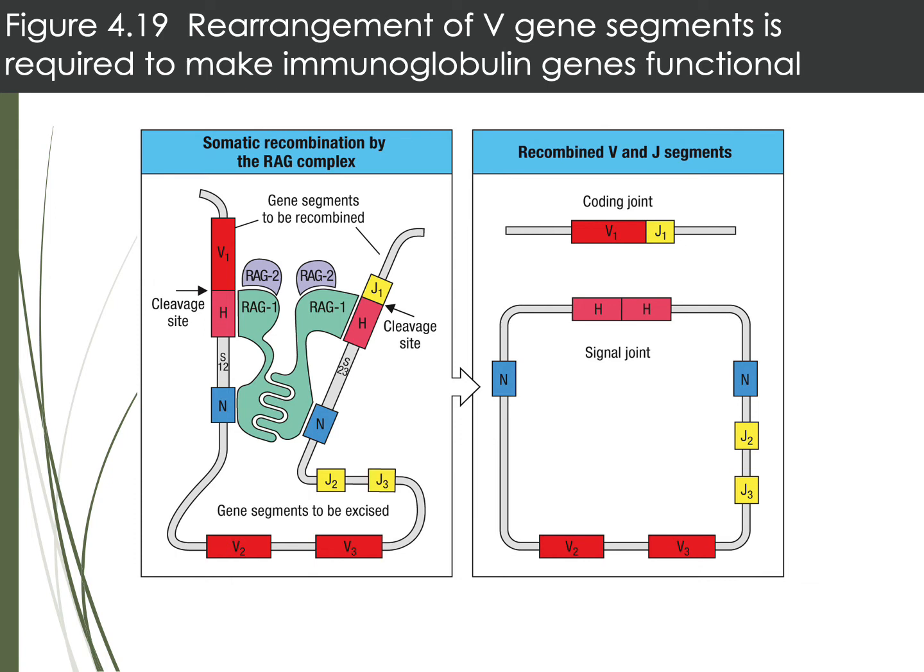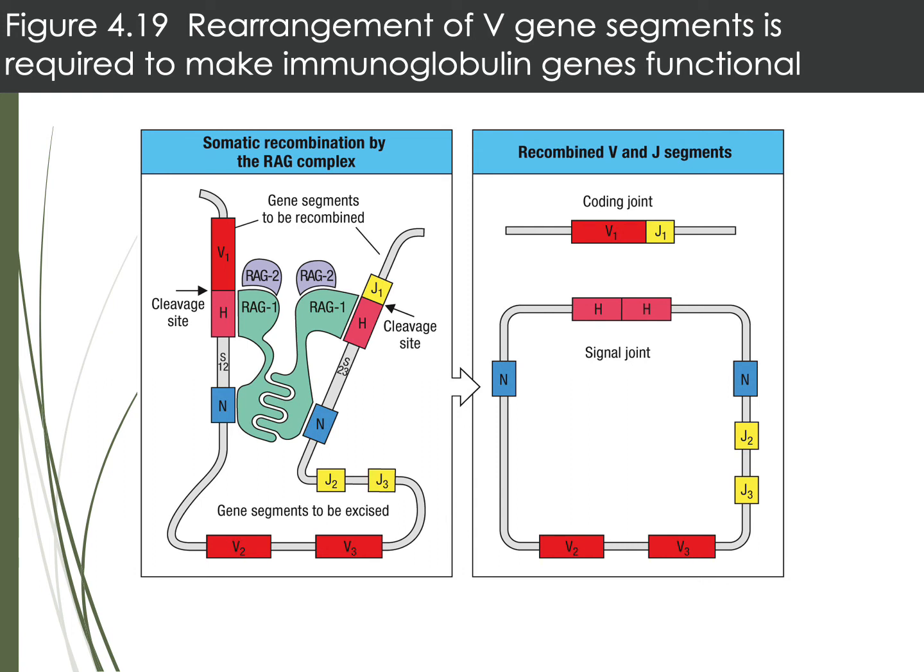And RAG1 is binding to that, on the variable side and also on the joining side, holding that together. RAG2 is also in there, and RAG2 is actually going to cleave right there between the heptamer and the gene segment that's actually going to be utilized. So that means everything on that loop gets cut out. It's gone.